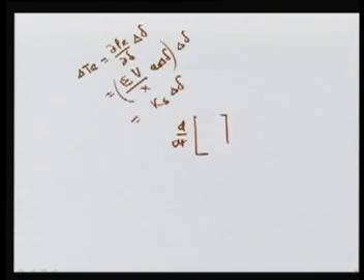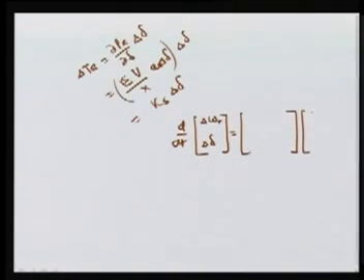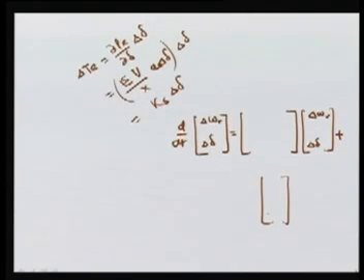Here I can write the state space form, means d upon dt of change in omega r and change in delta will be equal to a 2 cross 2 matrix, and here again our states are change in omega r and change in delta, plus we get a vector, that is a B matrix, and here your change in Tm.